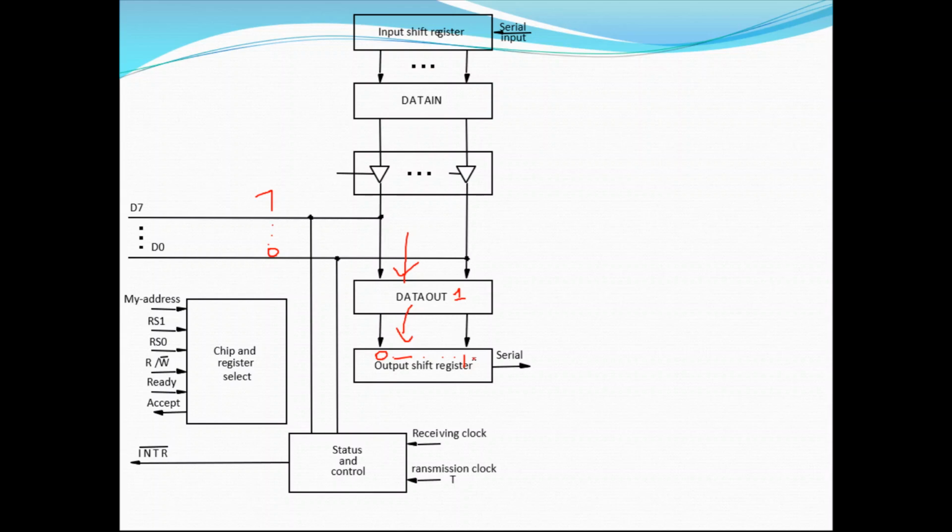The shift register will shift out one bit at a time, so it is called a shift register. The output shift register is going to shift out one bit at a time: first one bit, then the next bit, then the next. Like that, it will send all 8 bits.